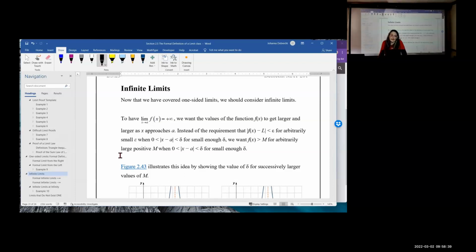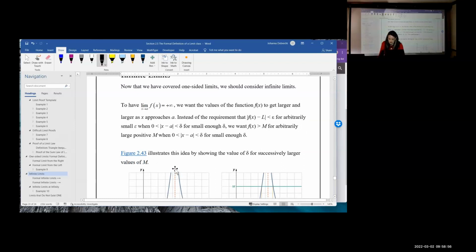How do you define an infinite limit where it's not approaching L, it's approaching infinity, or negative infinity? How do you quantify that? How did Cauchy make this mathematically precise so that he could prove it?